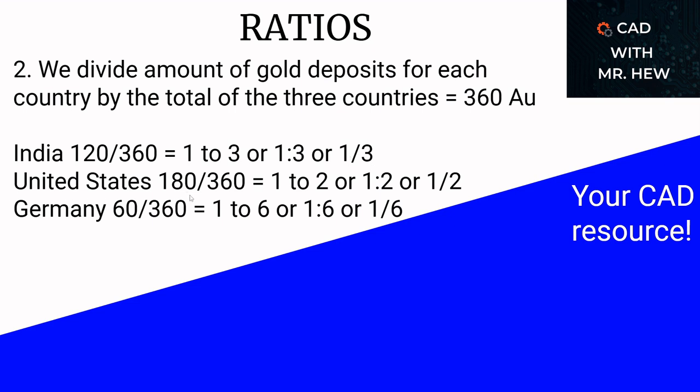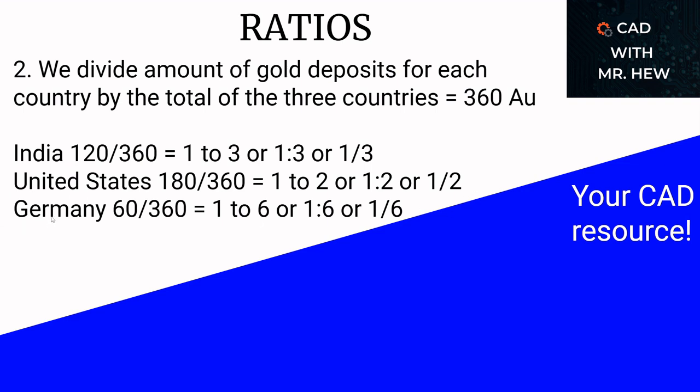Or the United States had 180 AU. We divide it by the total 360, and when we simplify the fraction, in terms of representing it as a ratio, we get 1 to 2, or 1:2, or 1 divided by 2, right?